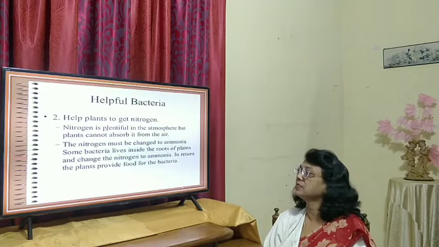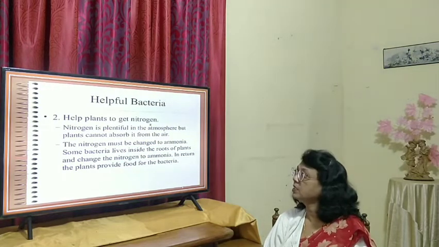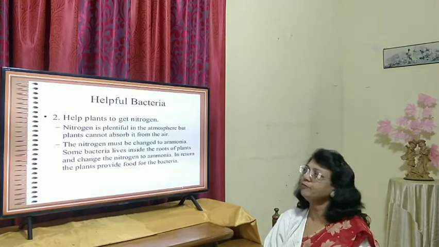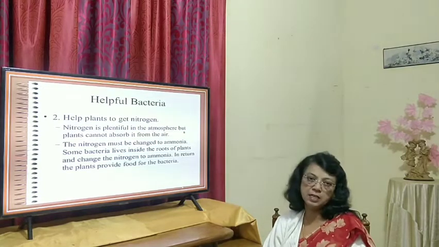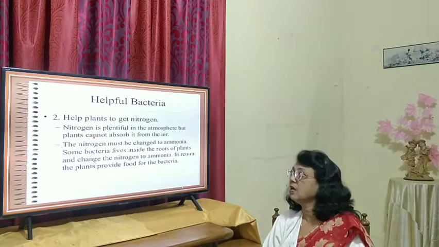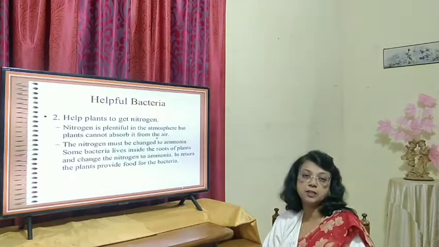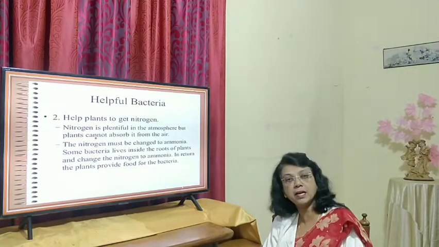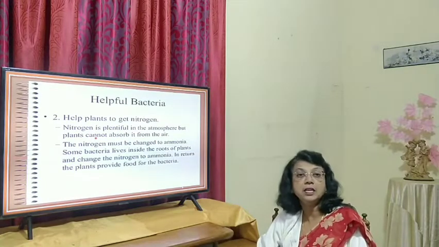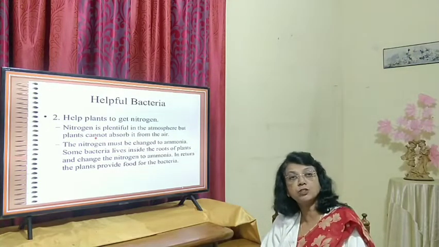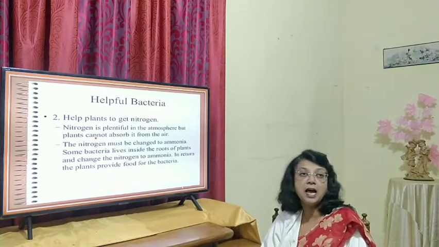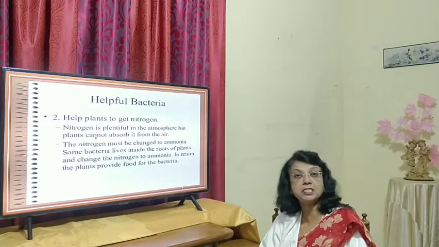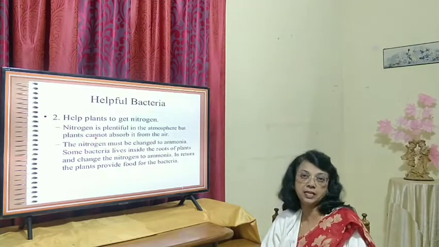This helps plants to get nitrogen. Nitrogen is plentiful in the atmosphere, but plants cannot absorb it from the air. You have studied respiration in plants, and you have studied that plants also take in oxygen, as animals and human beings take oxygen for breathing.